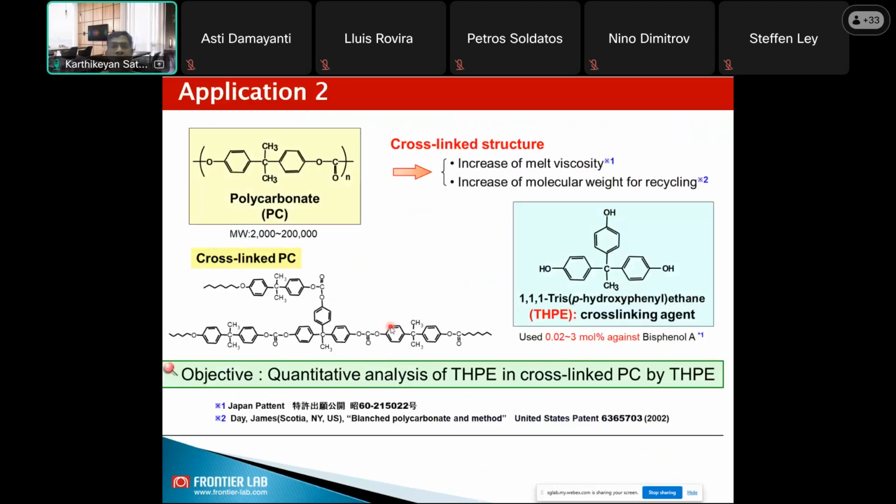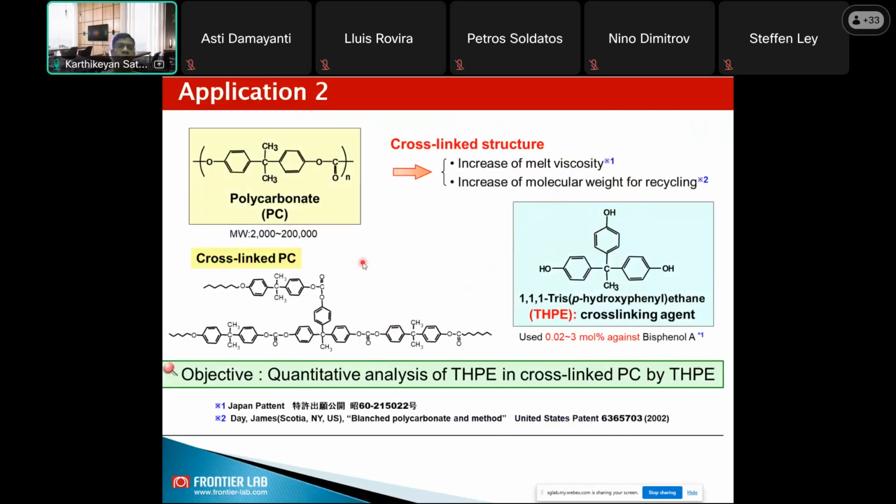Okay, this is another example to give a better understanding of the value of reactive pyrolysis. Polycarbonate is sometimes cross-linked with certain reagents to increase the melt viscosity of the material, and also to increase the molecular weight for recycling purposes.